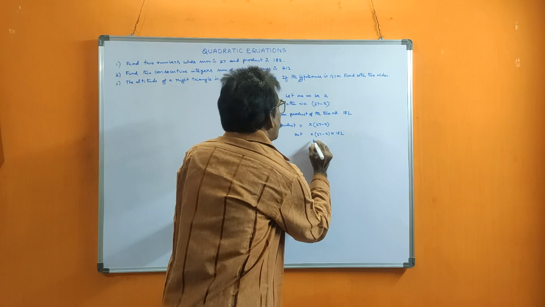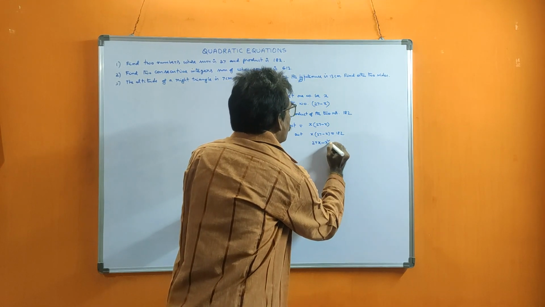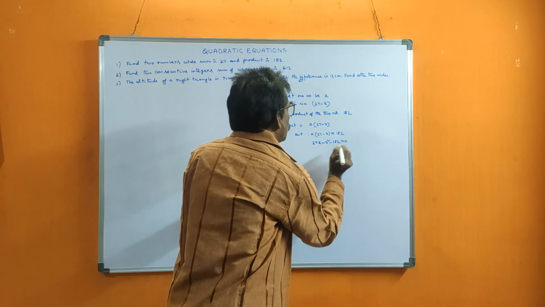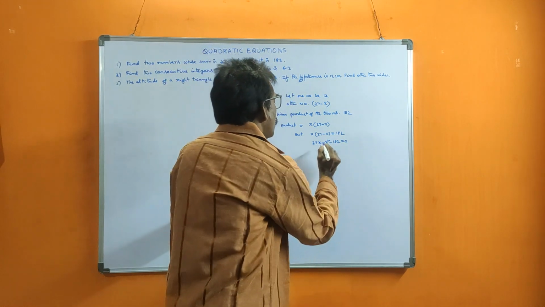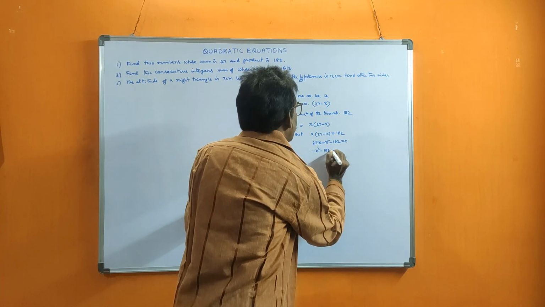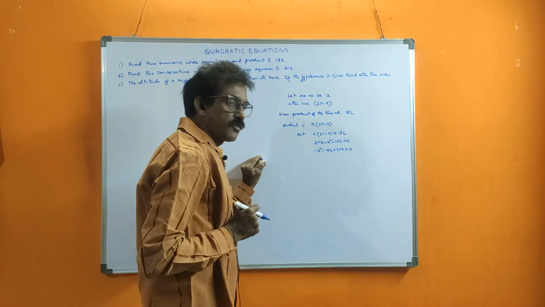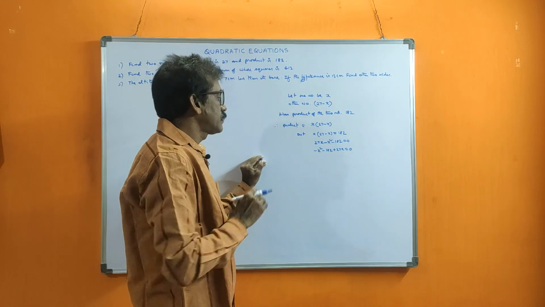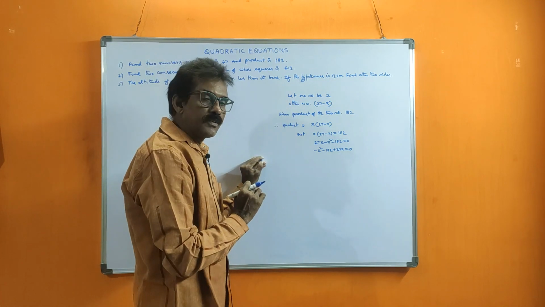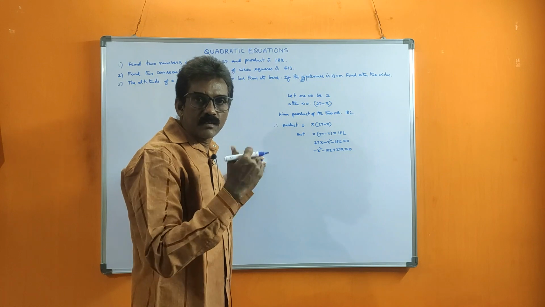Now, you multiply: 27x minus x square. Bring this to this side: minus 182 is equal to 0. You write x square first, minus 182, and plus 27x. For the x square term, we don't want minus, so you multiply totally with minus, because here 0 is there. 0 multiplied with minus has no change.